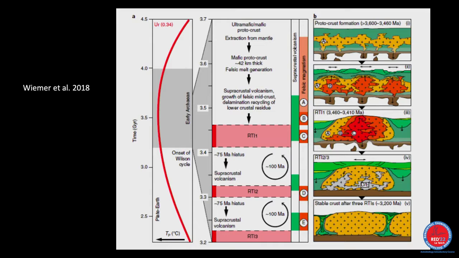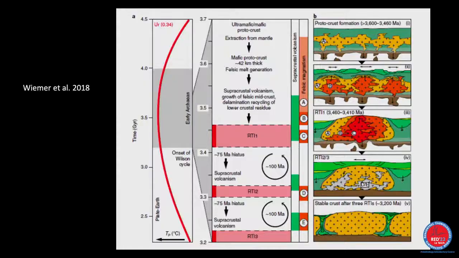We need 3 times of gravitational instability. And please look at the cartoons. We will only look at this part because it is most important for us.